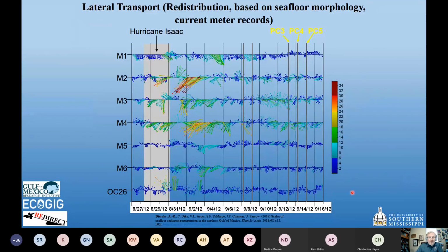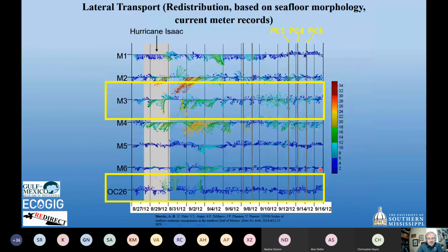Conceptual idea. These are the current meter data. There we go. So these are current meter data from M3 and OC26, showing the general direction of currents in this part. We don't look at MP4, 5, 6 because they are too far away.